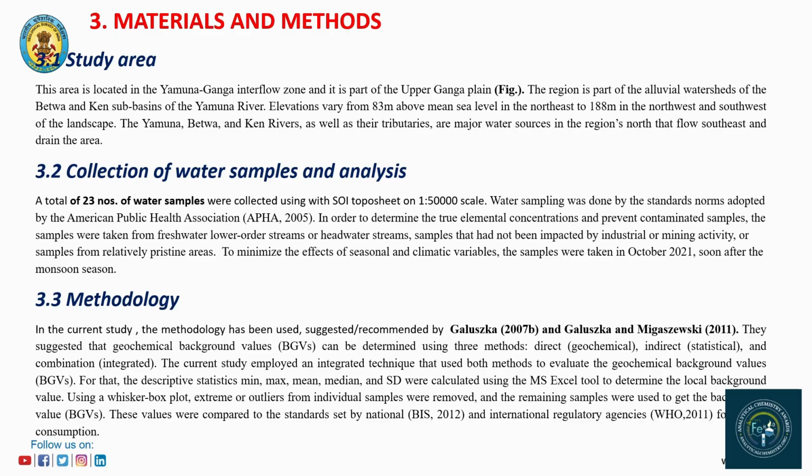In order to determine the true elemental concentration and prevent contaminated samples, the samples were taken from freshwater lower order streams or headwater streams, not impacted by industrial or mining activity, from relatively pristine areas.